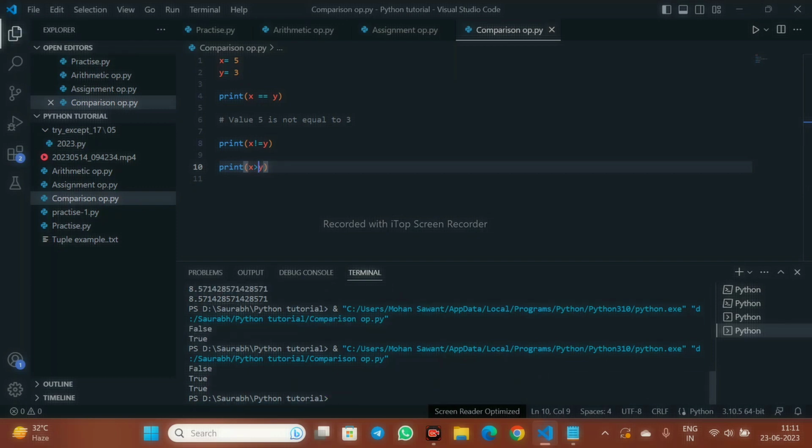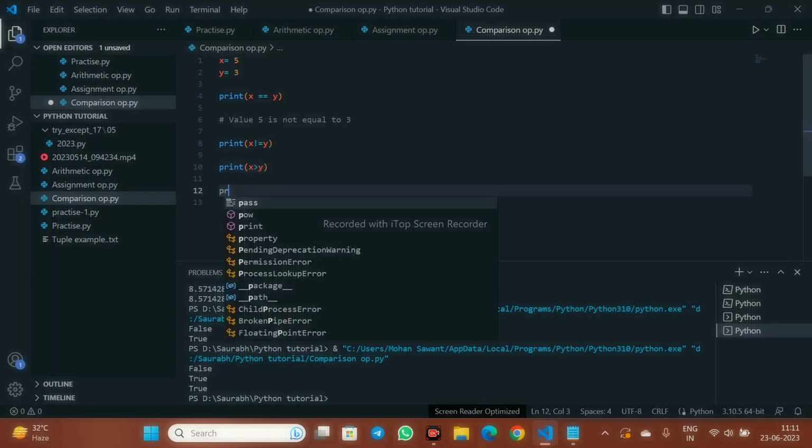Yeah, it comes true because the value of the left operand is greater than the value of the right operand. My left operand is 5 and my right operand is 3. So it becomes true. That's why it comes here true in the output.